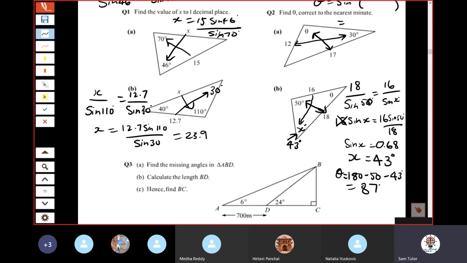sine x equals 0.68. So I'll go back to that one. Shift sine to the nearest minute.